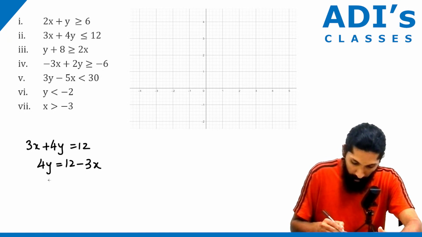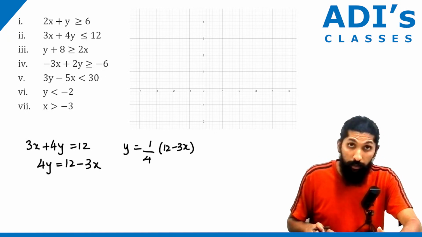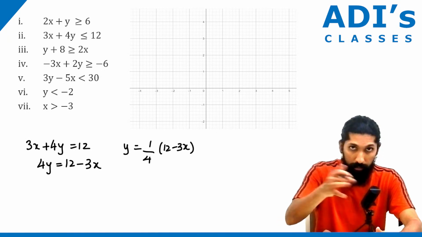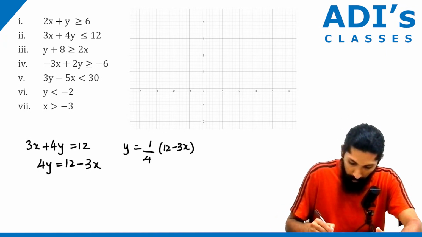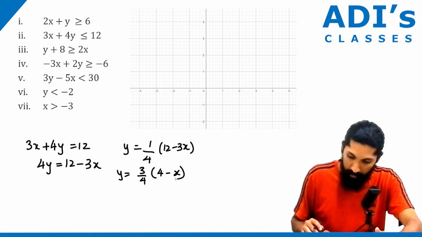So what do you get? y is equal to 1/4 of 12 minus 3x, which you can further simplify. You can take 3 common. If you take 3 common, y is equal to 3 by 4 into 4 minus x.